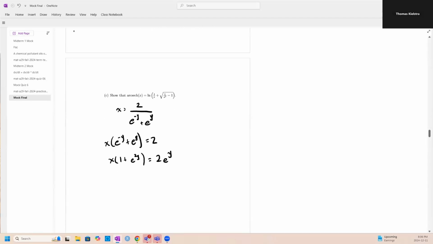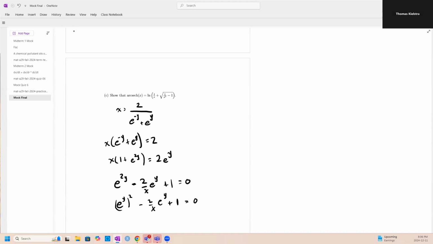So now getting this by itself, I get e to the 2y minus 2 over x e to the y plus 1 equals 0. Now this here is the same as e to the y squared minus 2 over x e to the y plus 1 equals 0.